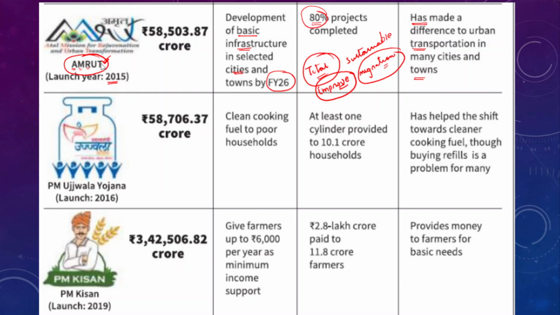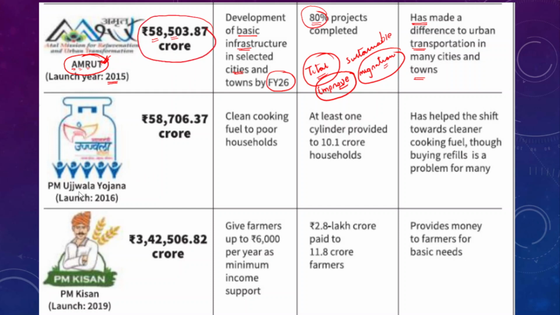So therefore, the Amrut mission has been taking all the measures to achieve the objectives of the Swachh Bharat Abhiyan and even the smart cities program and all. So in this budget, around 58,503 crore have been allocated for the Amrut mission.